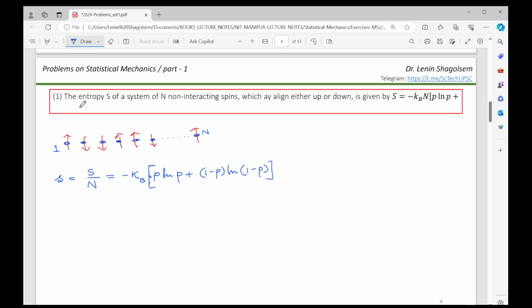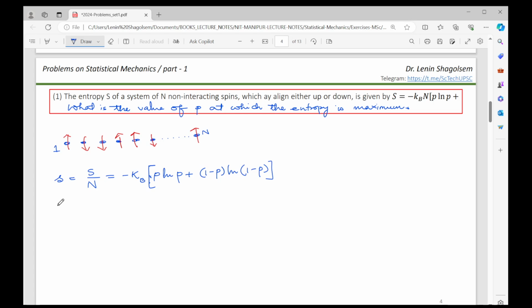The question is, what is the value of p at which the entropy is maximum?